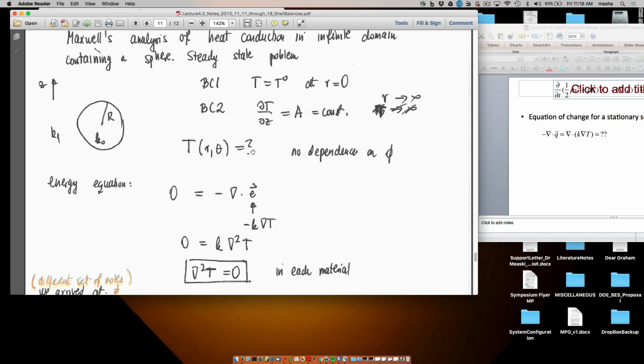Either consult that problem from the midterm practice, or quickly sketch out: if the Laplacian of T is equal to 0, and I'm assuming that T is some function of r times a function of theta, given these boundary conditions, what has to be the general form of T that satisfies this?